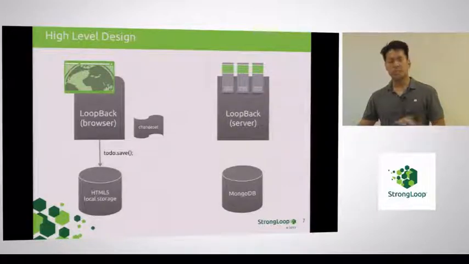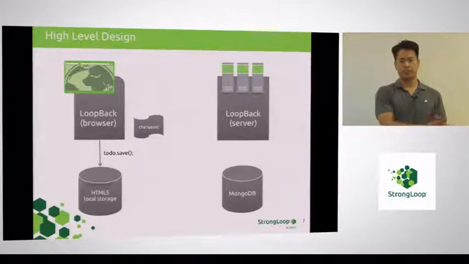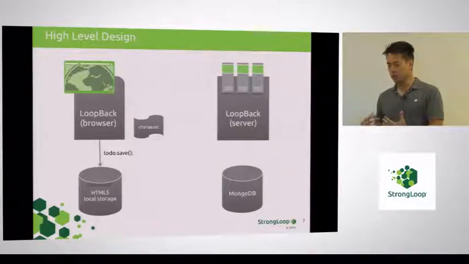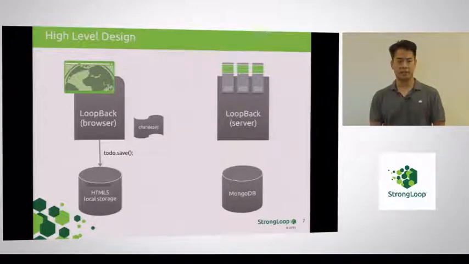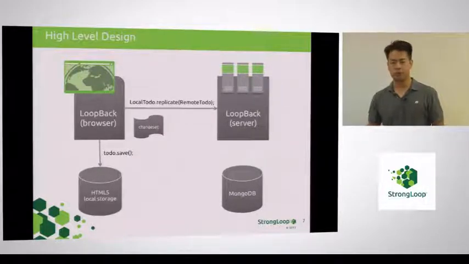The record then is going to be saved to local storage using our framework running in the browser. And that's a key thing, is we've been able to get our framework to run the same as if it were running on the server as it is in the browser through some packaging magic. That change set then is going to call upon another method, and it's going to call our replication API.